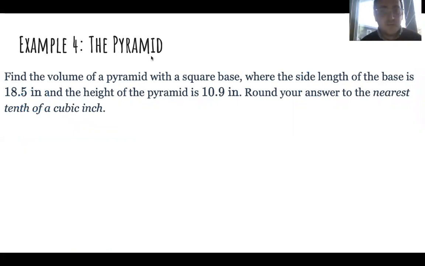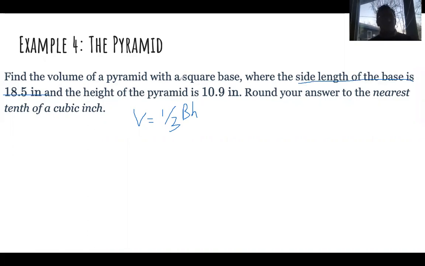So this is where the general formula is going to be 1/3 times capital B times H. So that's the general formula. And it says that the side length of the base is 18.5, and it's a square base. So I'm just going to do an 18.5 square for the B calculation.